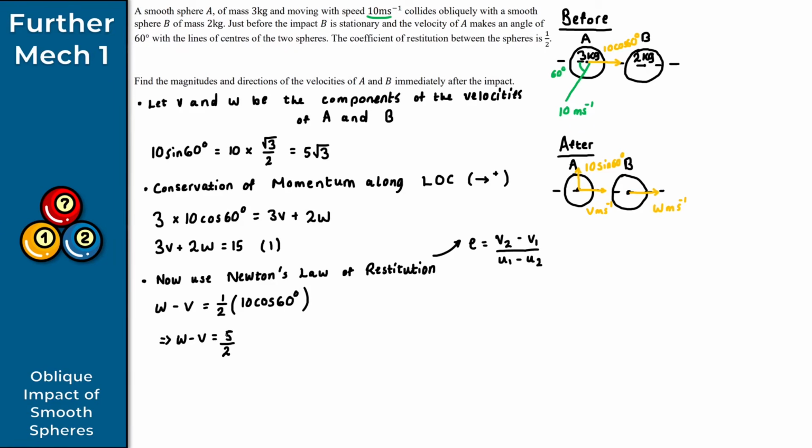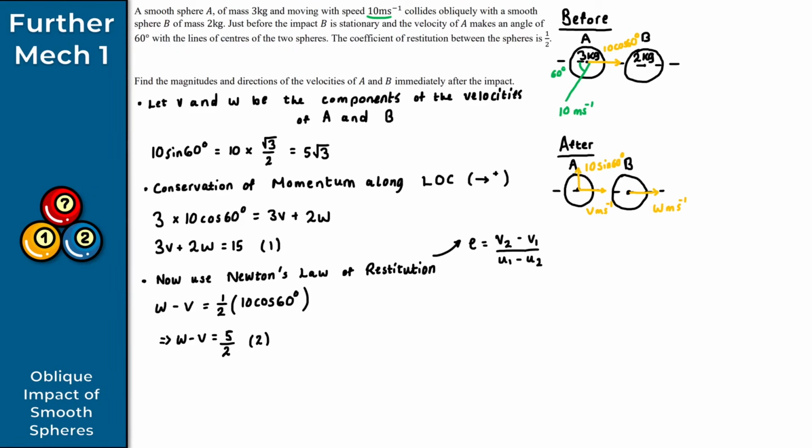Perfect. Now, at this point here, if I call this equation 2, I now have 2 linear equations, right? And clearly, if we have 2 linear equations, we can just solve those simultaneously. Now, I'm not going to go into a massive amount of detail here as to how to solve these simultaneous equations, equation 1 and equation 2. That should hopefully be very straightforward.